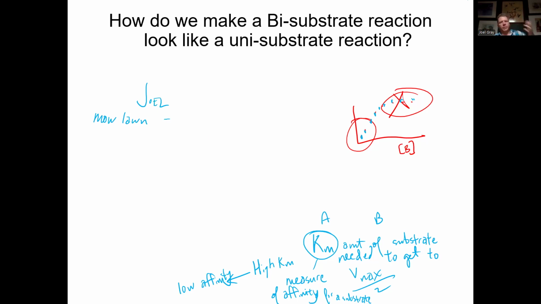That's something where you're going to say, well, listen, I don't need you to mow the lawn as fast as possible. That would be your maximum velocity. I don't need that. So let's settle on something. What is a price where you'll do it half as fast as you possibly can? That's effectively your Km.